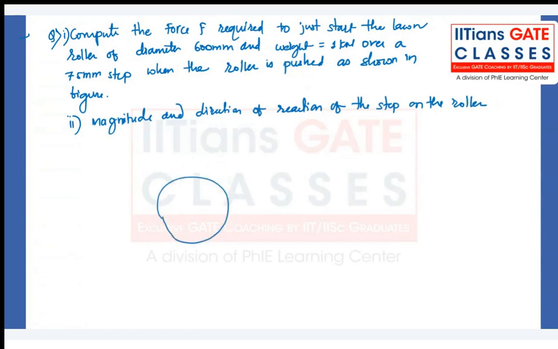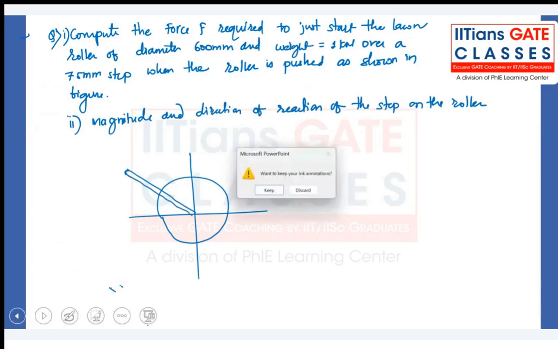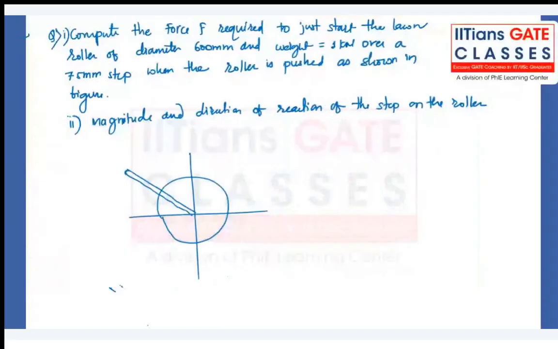Yeah, assume this as the roller. This is the handle of the roller. We are applying a force F, which is at 30 degrees with the horizontal, and the diameter is 600 mm. The radius is 300 mm.